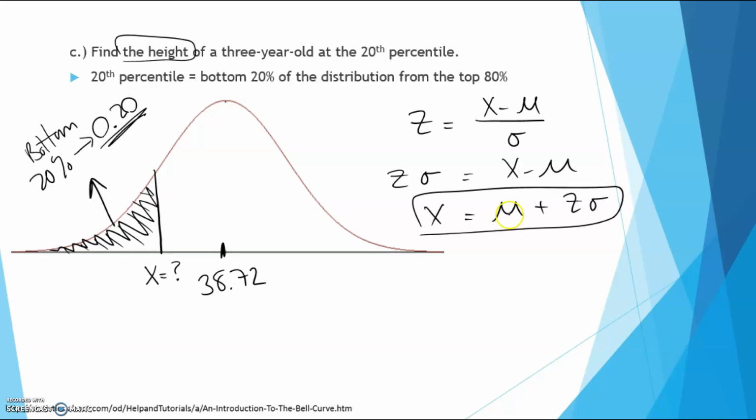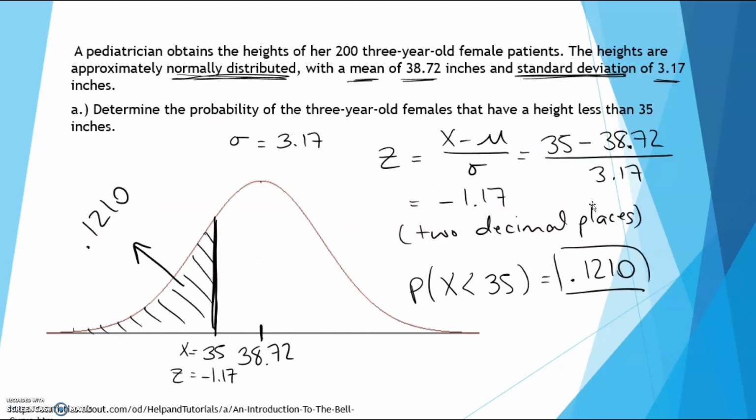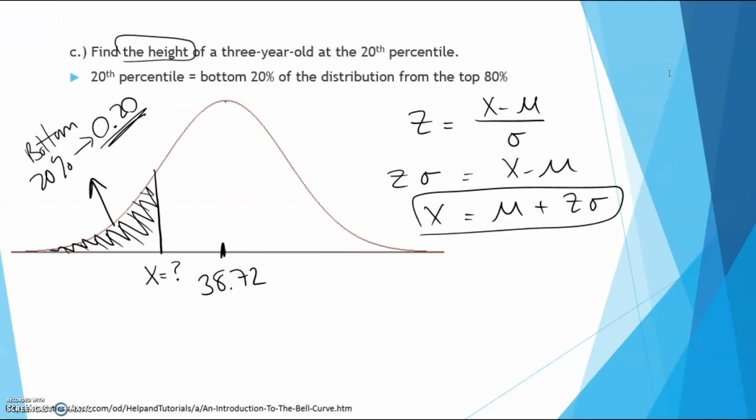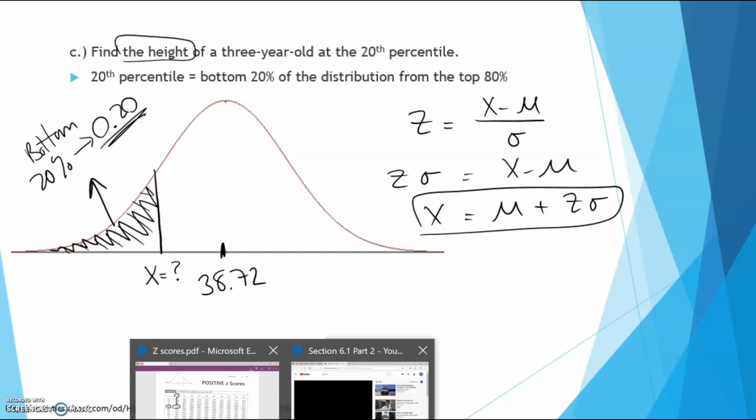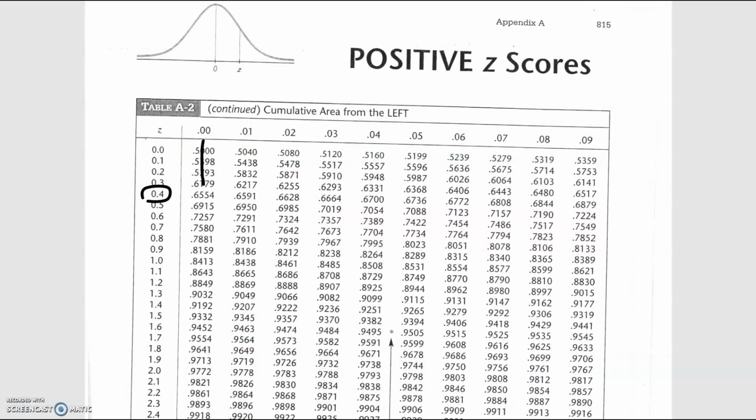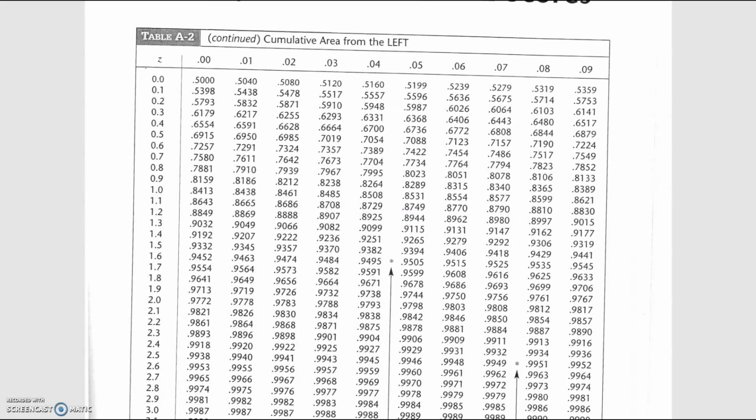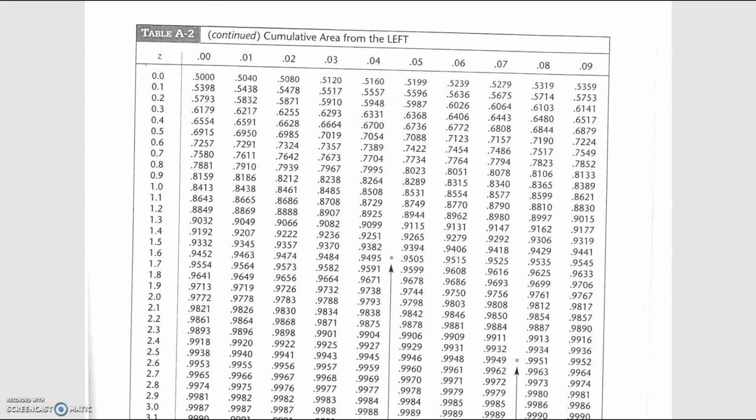Now I've got my mean, that's 38.72. I've got my standard deviation. They said back here, that is a 3.17. The only thing I don't have is my z-score, but they gave me area. So I can go back to my z-score table, and now I'm looking in the middle here.